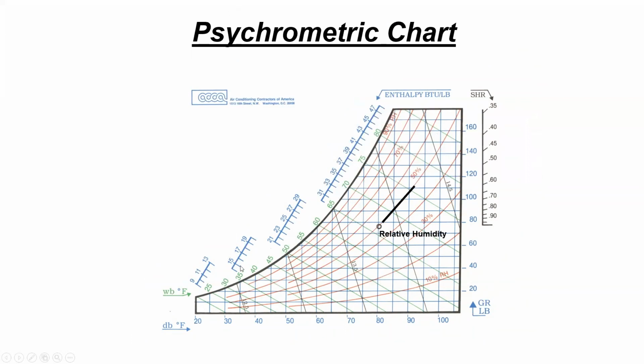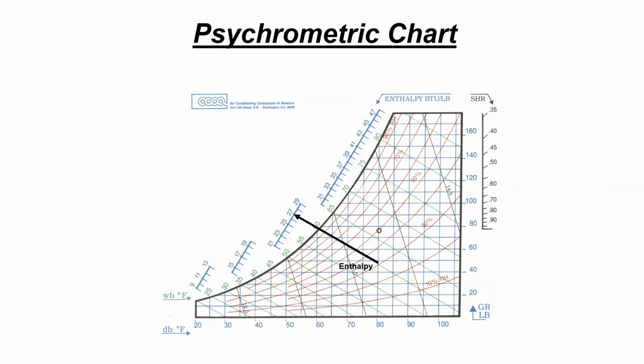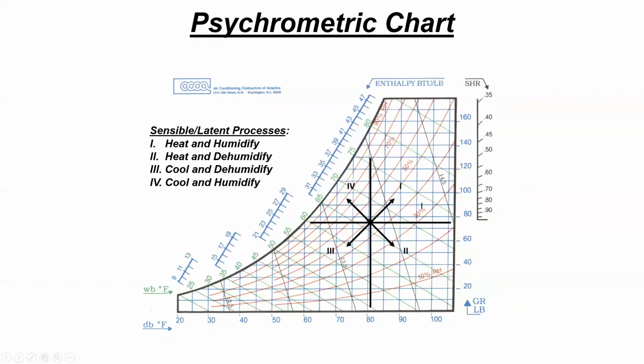The specific humidity, which is grains per pound of air, you can read on the right-hand side vertical line, and dew point on the left curve. Enthalpy is also presented here on the psych chart.